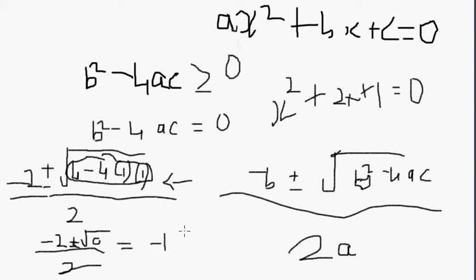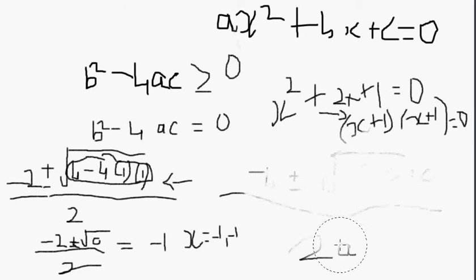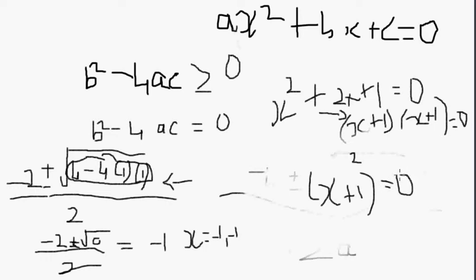So the root of the equation is x equals minus 1, which means that if you solve this we get x plus 1 equal to 0, which is nothing but x plus 1 whole squared equal to 0. This is how we're going to solve it.